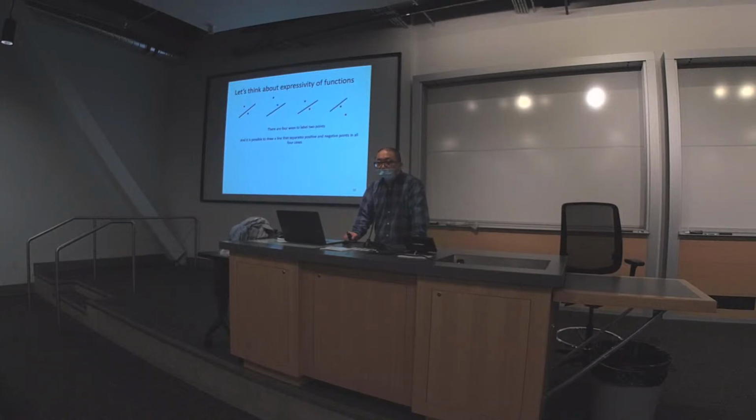Suppose you are given 2 points. You can consider all kinds of possible labelings on these 2 points. Actually, you have 4 possible labeling schemes: positive-negative, 2 negatives, negative-positive, and 2 positives. For every possible labeling scheme, we can always find a corresponding line in our hypothesis space which correctly predicts the labels.